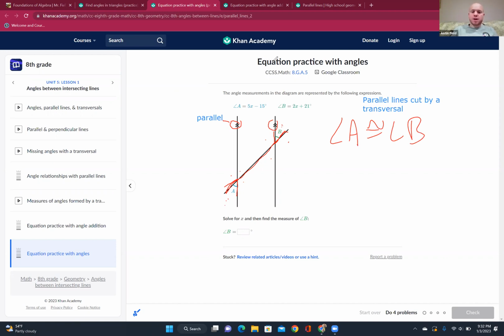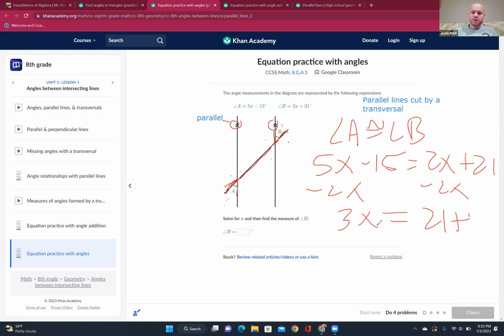And so we can set up the equation 5x minus 15 equals 2x plus 21. And then we put our variables on the left, put that number on the right. 21 plus 15, which would be 36. So 3x equals 36, divided by 3.